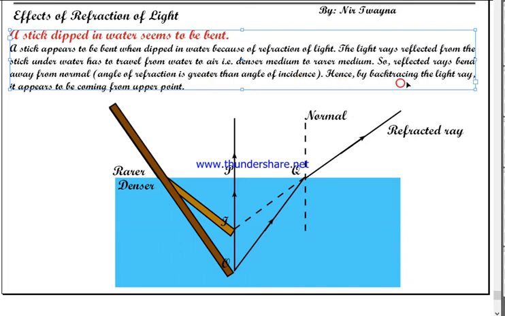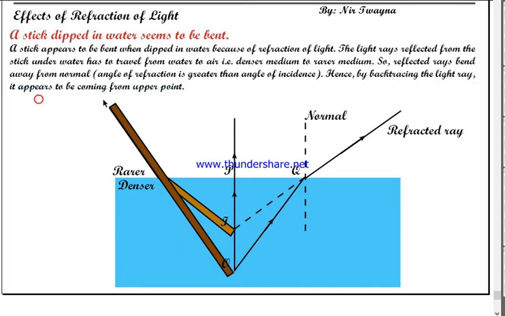Hence, by back tracing the light ray, it appears to be coming from an upper point. So actually light is coming from here, but it appears to be coming from here. Understood? Again, pause the video, take the note, draw the diagram. I'm going to the next feature.